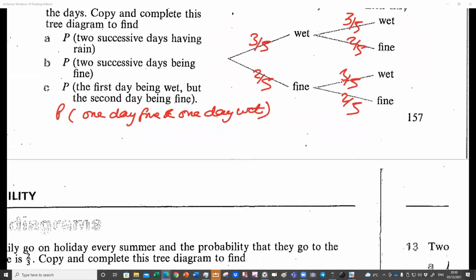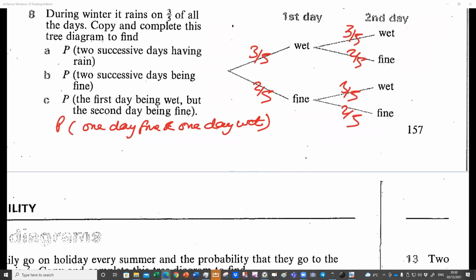The wording of my one is quite different from all the other printed ones. The one in red: 1 day fine and 1 day wet. Okay, so go on. 3/5 times 2/5 for wet and then fine, and then you do 2/5 times 3/5 for fine and then wet, and then you add them together.